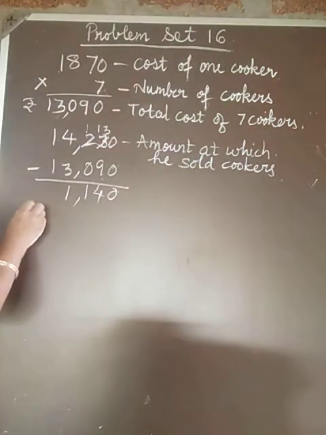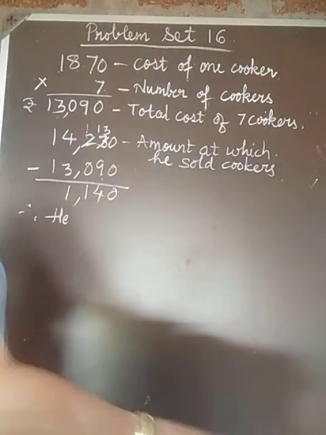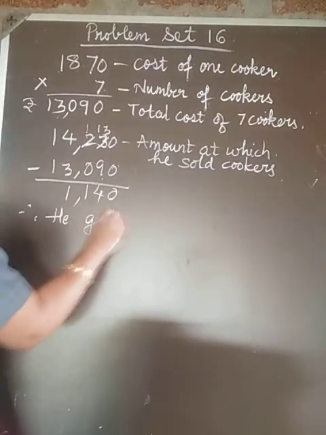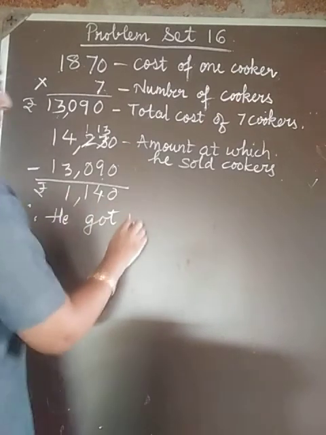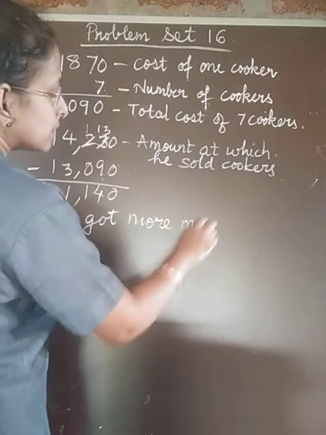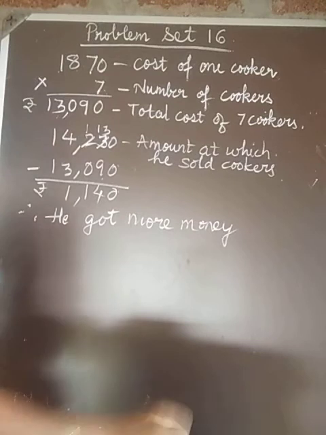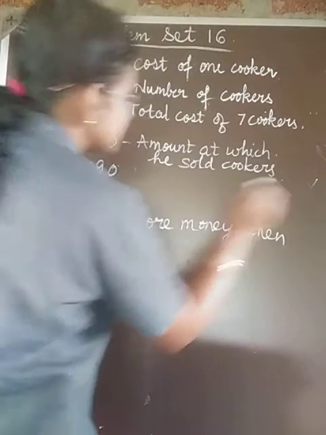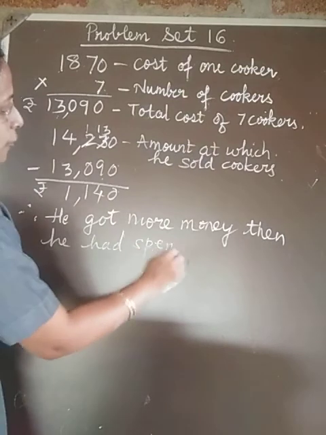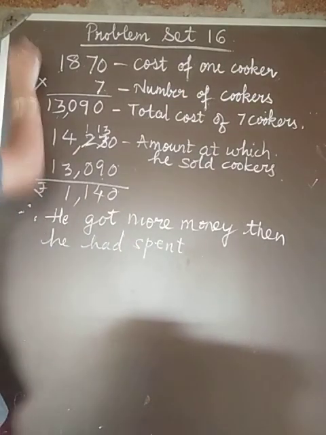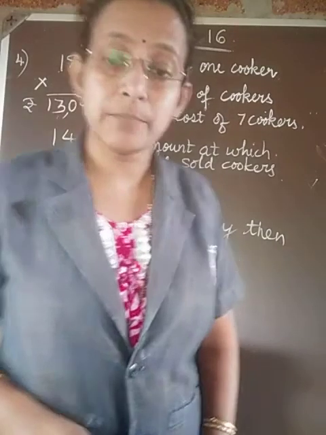Therefore the shopkeeper got 1140 rupees more money than he had spent. Is that clear, students? So this is your fourth problem. Now we will go for the next one, that is question number 5.